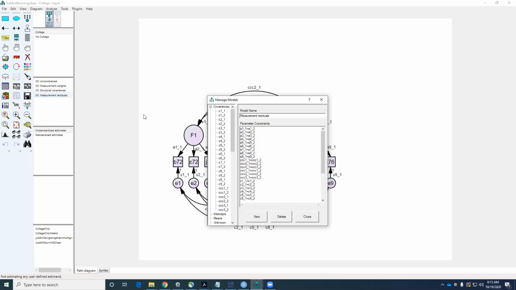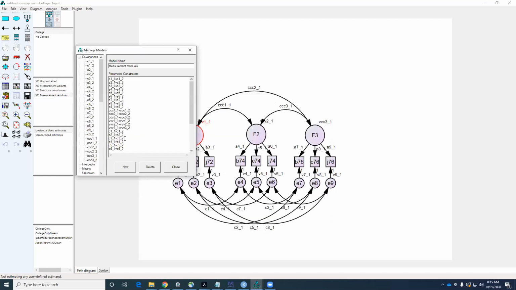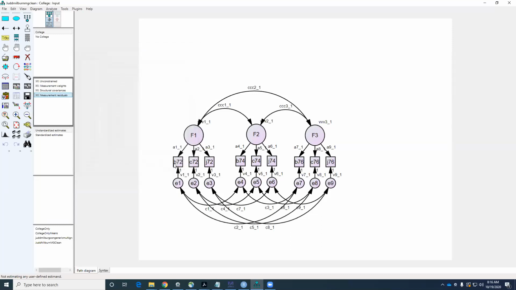And the measurement residuals has all of that plus the error variances across these things down here, and all of the error variances associated with the manifest variables. So it's done a whole bunch of writing. This is writing that you could just as easily do yourself, but this saves you some time, which is why people kind of like Amos.